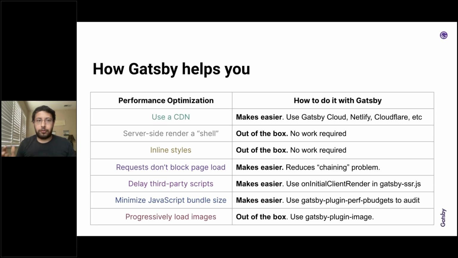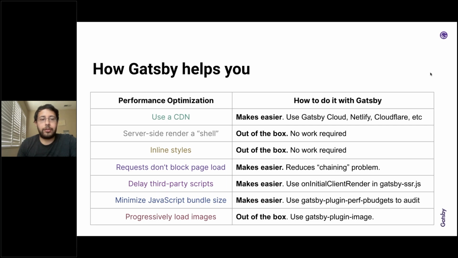Gatsby gives you a site that is a bunch of files that you can easily host on any CDN. It server renders a shell for you out of the box, using a variety of plugins for CSS libraries, inline styles. It makes the request blocking page load easier by reducing chaining problems with fonts.